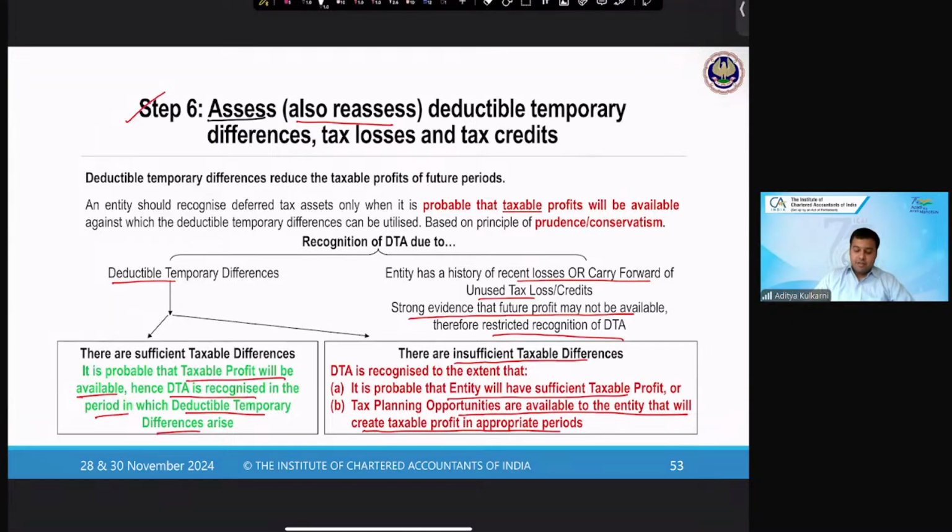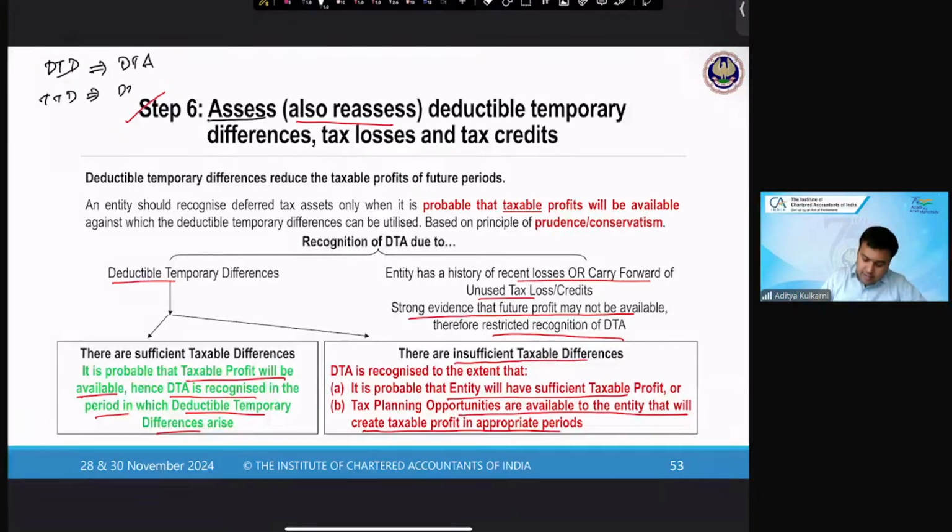Deductible temporary differences, DTD, give rise to DTA. Yes or no? Yes, sir. Taxable temporary difference gives rise to DTL.